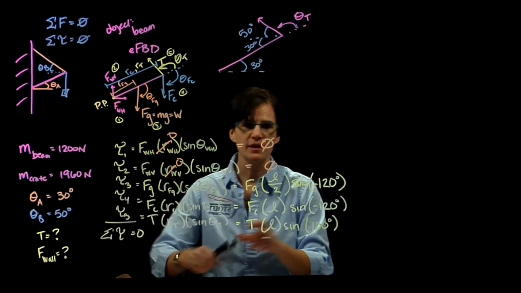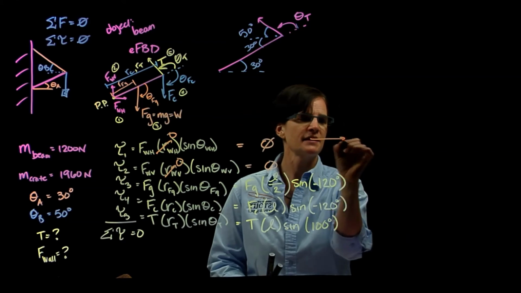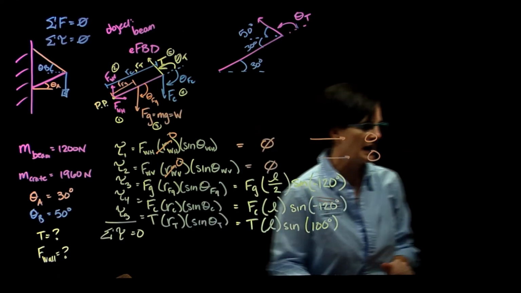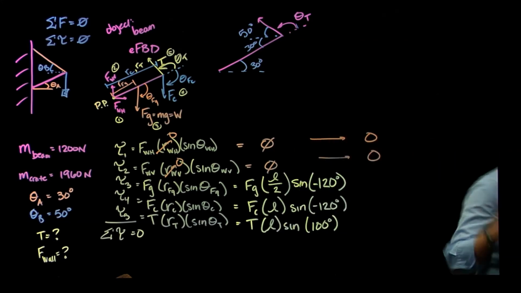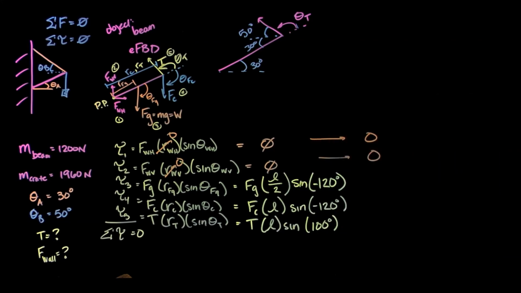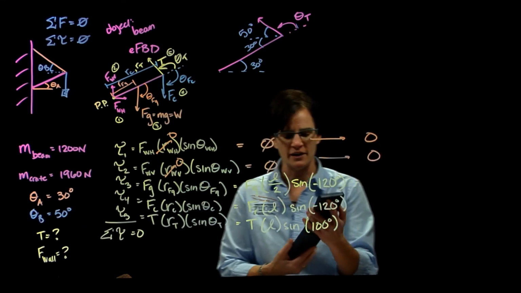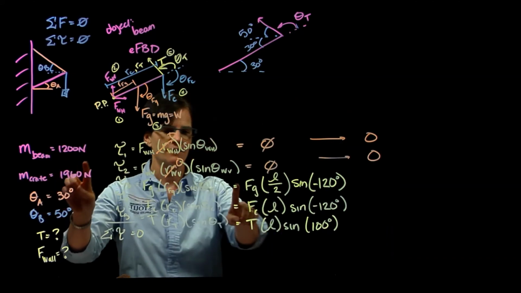All right, so let's see where that leaves us. This gives us 0, and this gives us 0. I have the force of gravity, and I need to grab my calculator. I apologize. So I have the force of gravity, which is given of the beam.